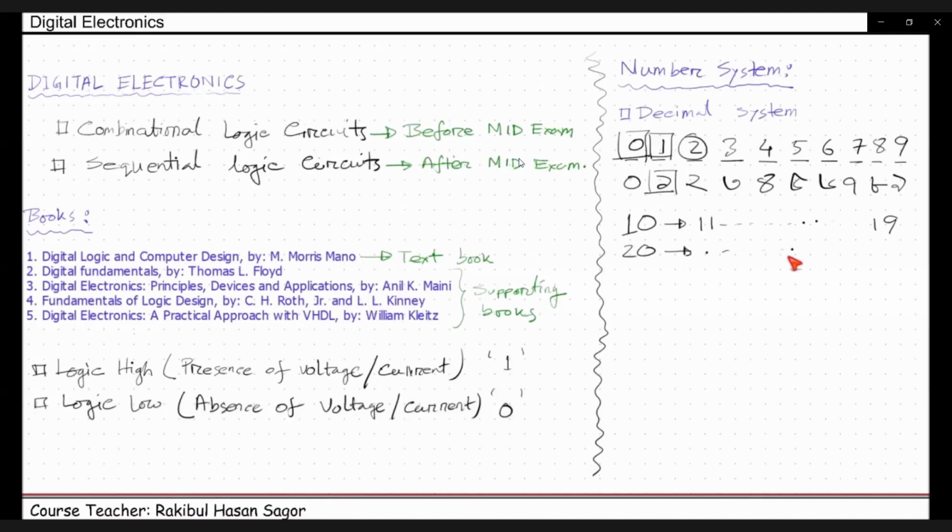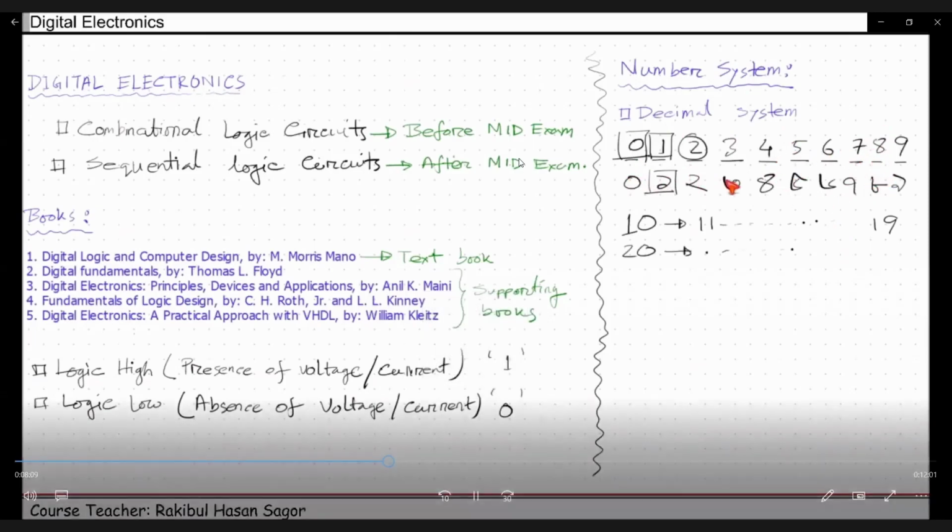It may come to our mind: why do we use 10 symbols? We might use 9 symbols or 8 symbols to represent our numbers. For example, 0 through 8, and after 8 we may use 1, 0 to represent the next number. In that case we would have only 9 symbols. Why are we using 10 symbols, not 11, not 9, not 8?